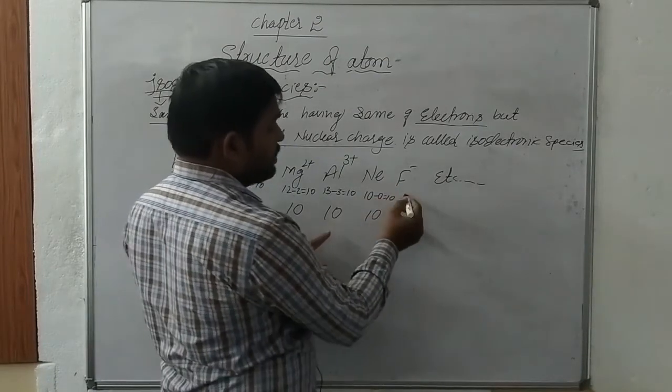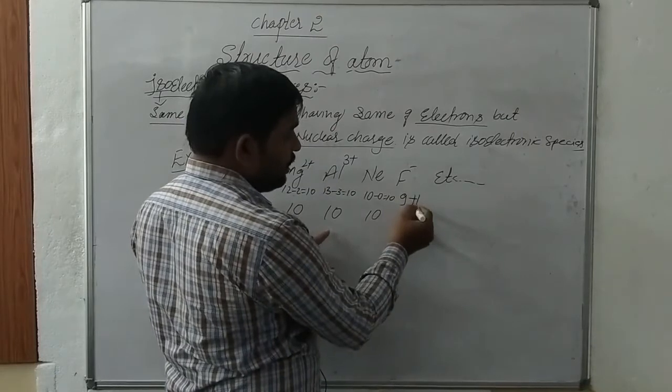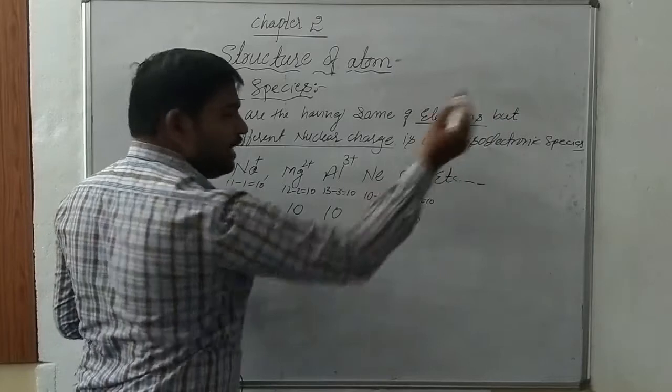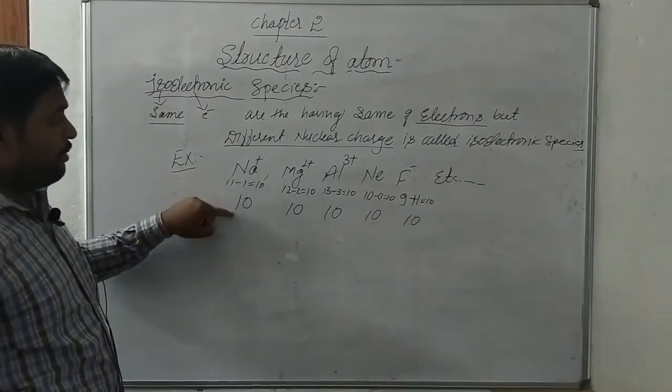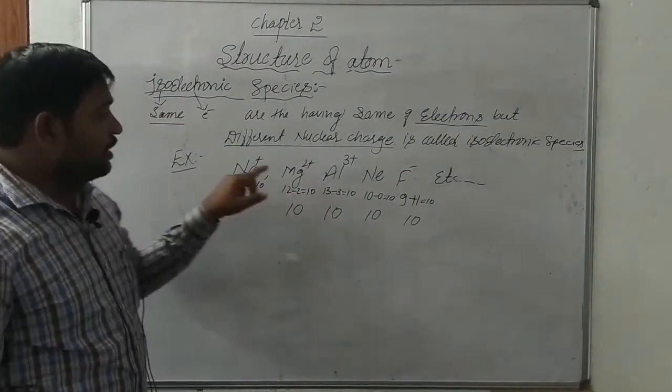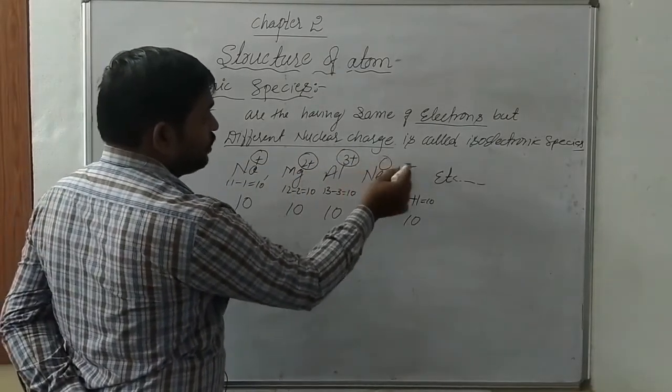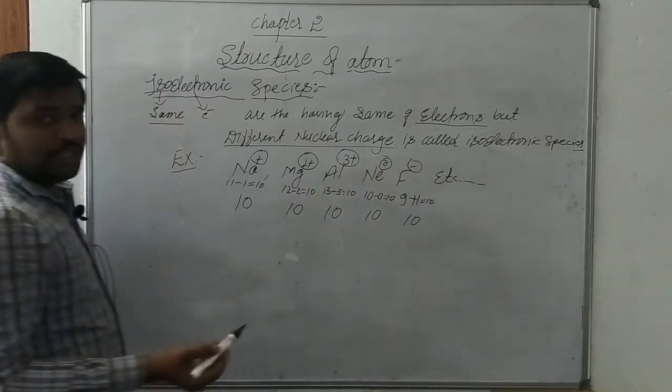For F minus, 9 is the atomic number, it gained 1 electron, so that becomes 10. So the total number of electrons present is 10. So many elements have the same number of electrons but different nuclear charge. Here you observe different nuclear charge, and 0 nuclear charge for neon.